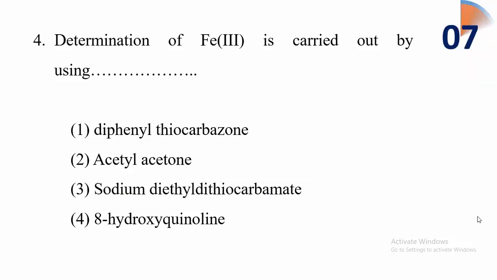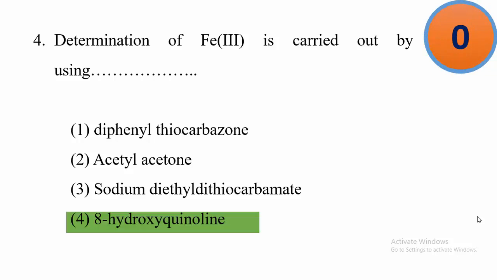Determination of iron 3 is carried out by using the same reagents, and the correct option is 8 hydroxyquinoline, because by using this organic extractant, iron 3 can be easily extracted.